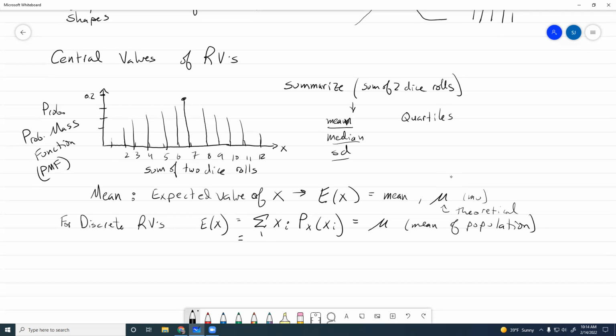So the way we would do this is 1/36 times 2 plus 1/18 times 3 plus 1/12 times 4, etc. And then you sum all those up, and then guess what? You get 7. So this ends up being a probability weighted average.